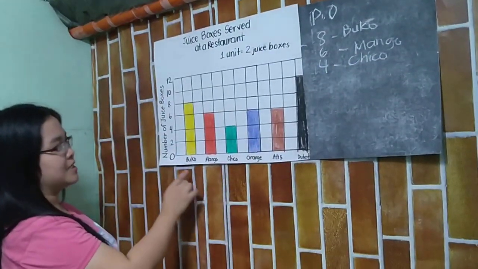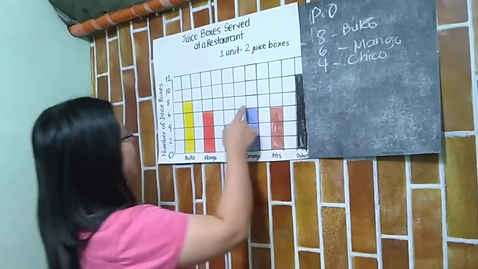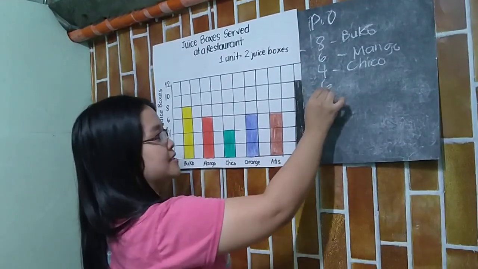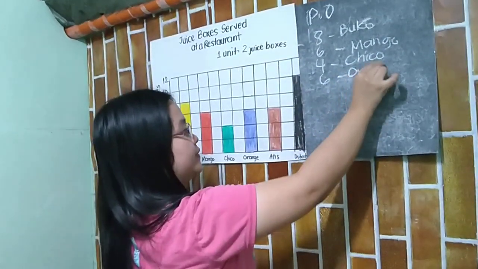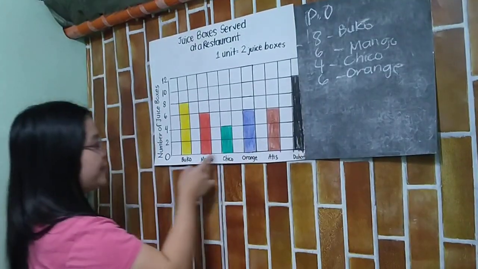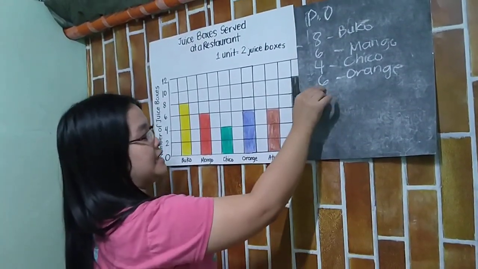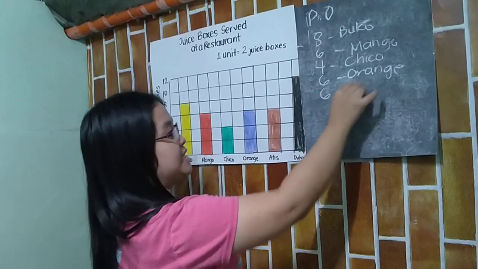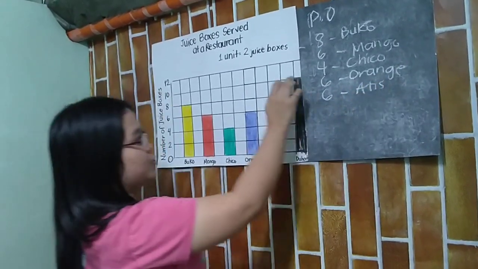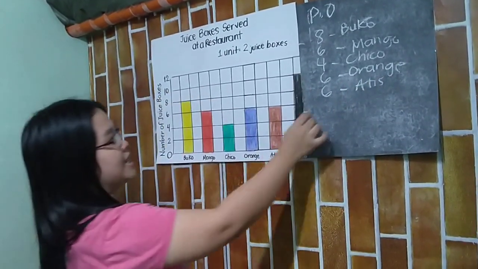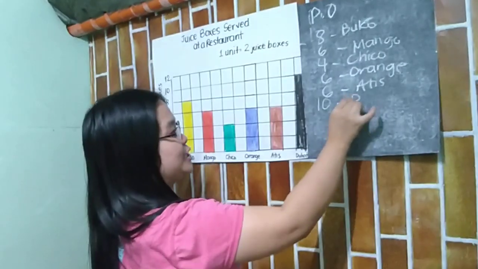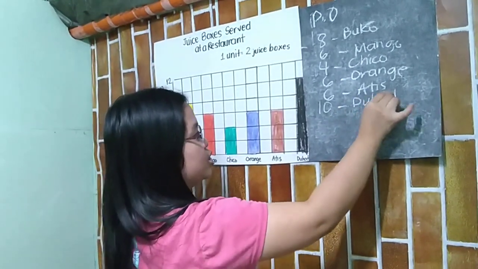The next one is orange, which is 6. We also have atis, the same with orange, which is 6. And the last one, which served the most, that is 10, and that is duhat juice.